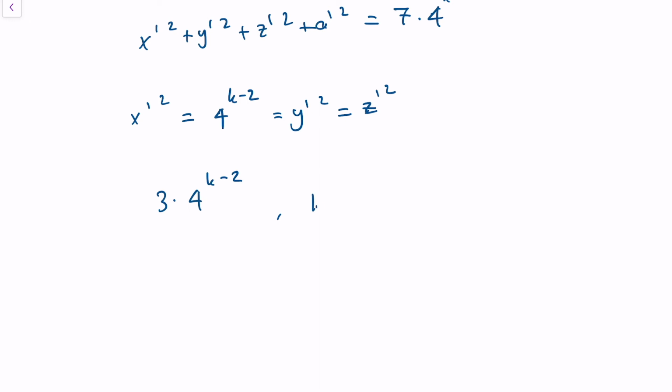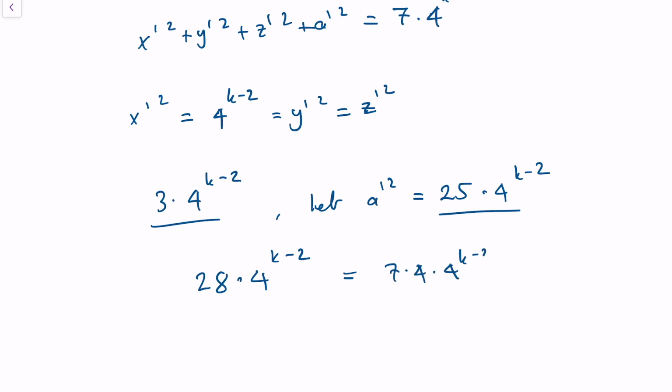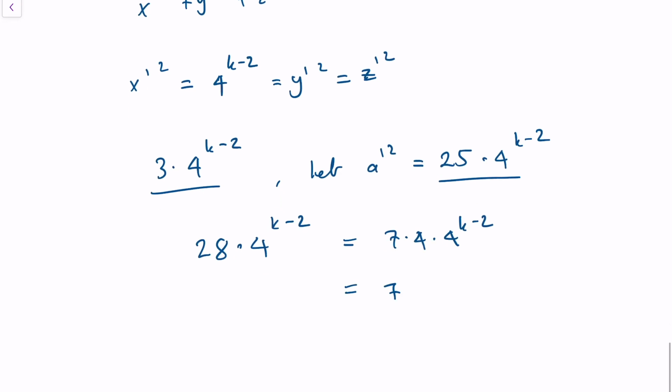And then if we let a dashed squared be 25 times 4 to the k minus 2, in total we will get 25 and 3, so that will be 28 times 4 to the k minus 2, which is equal to, well, 28 is 7 times 4, so that's equal to 7 times 4 to the power of k minus 1, apologies.